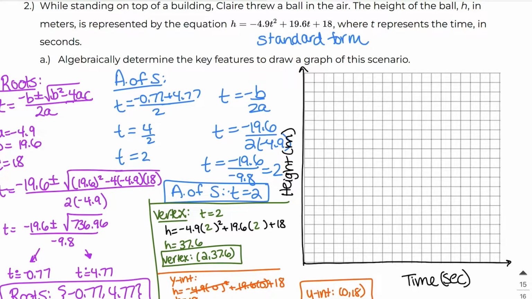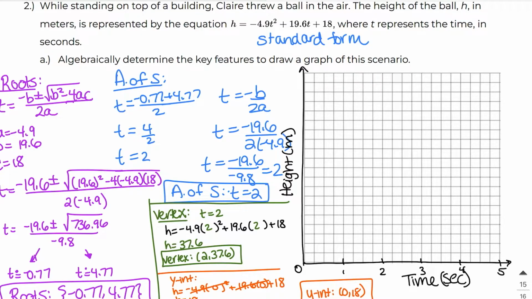So here, for time in seconds, I know it's going to need to go to at least 4.77 seconds. That's the root. That's where it crosses the x-axis. After that, I don't really have a graph. So I'm going to go out to about 5. If every fourth value I have here is a whole second, then I have enough space to do 5.